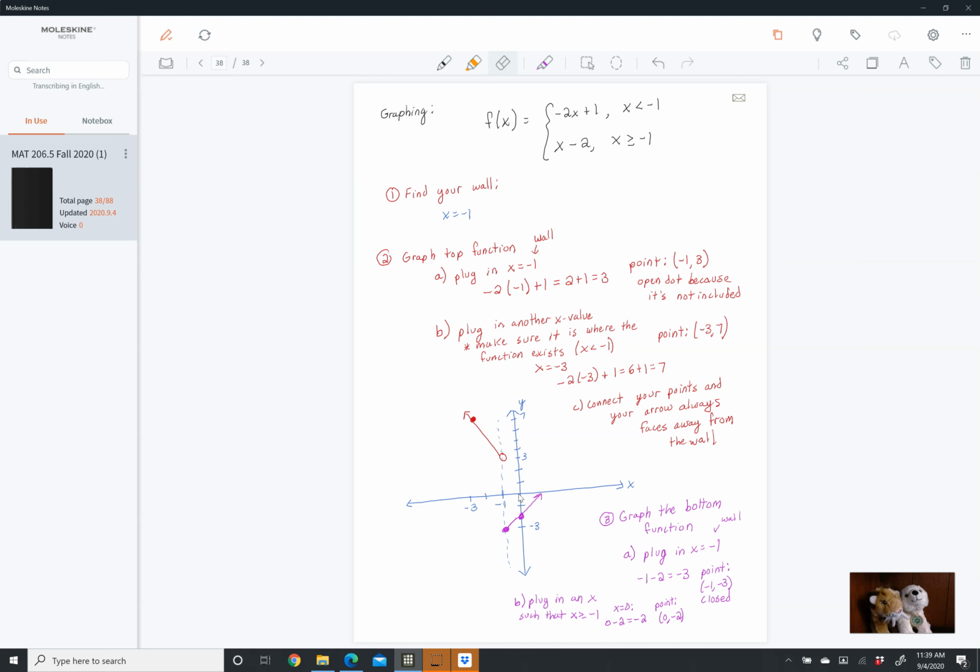Okay, so just a couple of quick notes here. On your walls, you have open and closed dots. One dot will be open, one dot will be closed. That is the only place where you will have an open dot. All other dots are closed. So this is sometimes a source of confusion, so I'm just going to write it down.